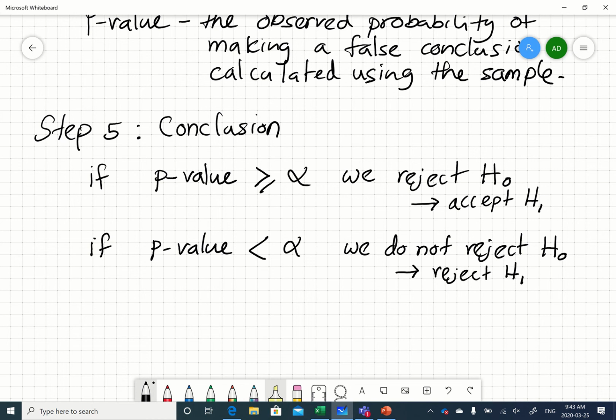So this is all written in statistical terminology, right? If you're running a hypothesis test for an industrial purpose, you may have to convert this into words, because the people who need this result may not understand the statistical terminology. So what does rejecting H naught mean?